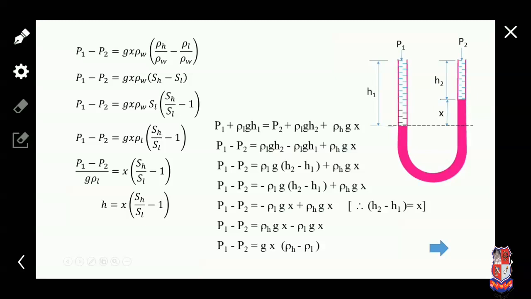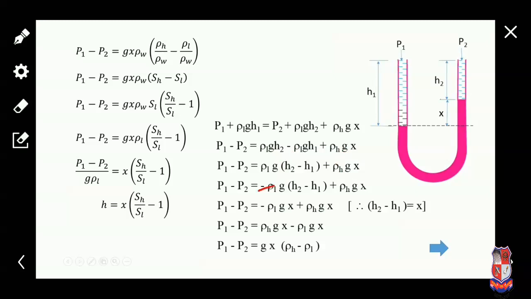Now we know that we have to find the dynamic pressure head, so we have to find the pressure difference P1 minus P2. So we arrange the equation in this way. Now we take the common ρ1 g value, so in the bracket, H2 minus H1, plus ρh g x.